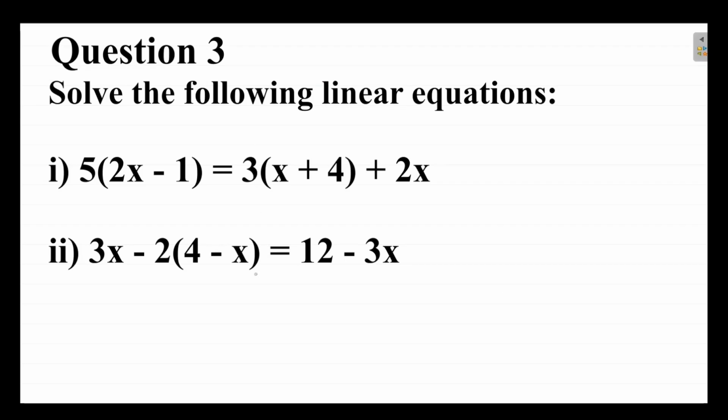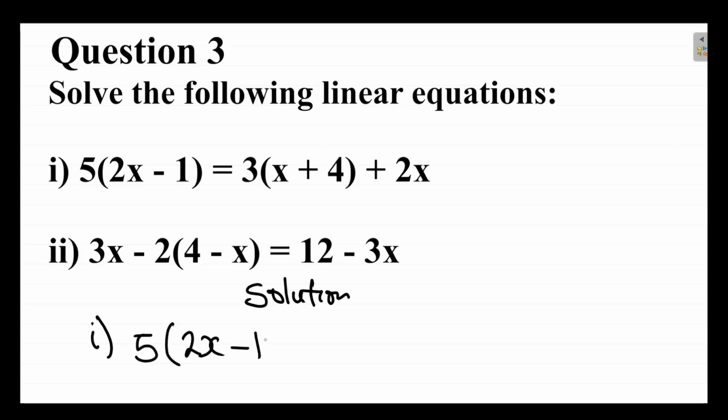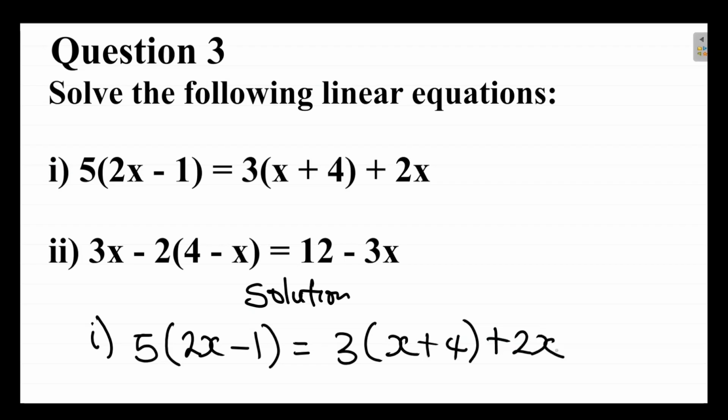Now let's obtain the value of x. So question 3i says 5 multiplied by (2x - 1) is equal to 3 multiplied by (x + 4) plus 2x.